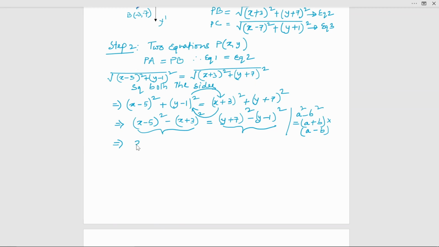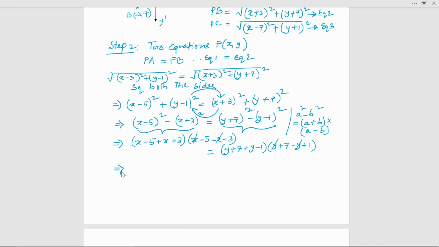We get (x − 5 + x + 3)(x − 5 − x − 3), and on the right hand side we get (y + 7 + y − 1)(y + 7 − y + 1). Here y will get cancelled, and here x and x will get cancelled.